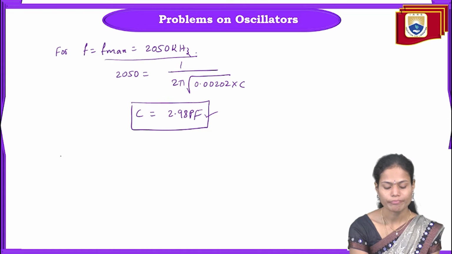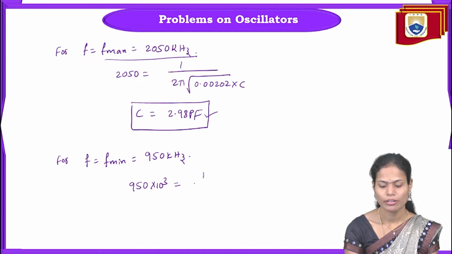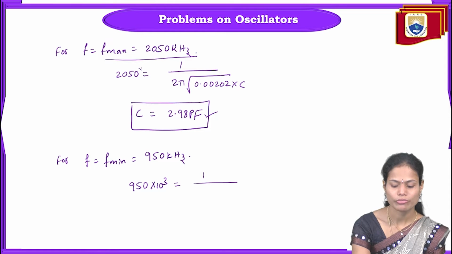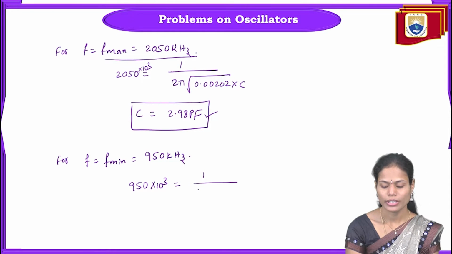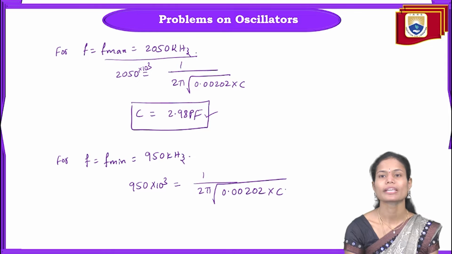And similarly, for F equal to F minimum, that is given as 950 kilohertz. At this particular frequency, the capacitance is: 950 into 10 power 3 is equal to 1 divided by 2 pi under root of 0.00202 into capacitance.